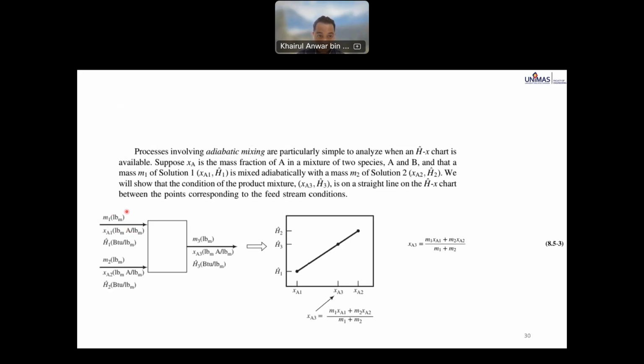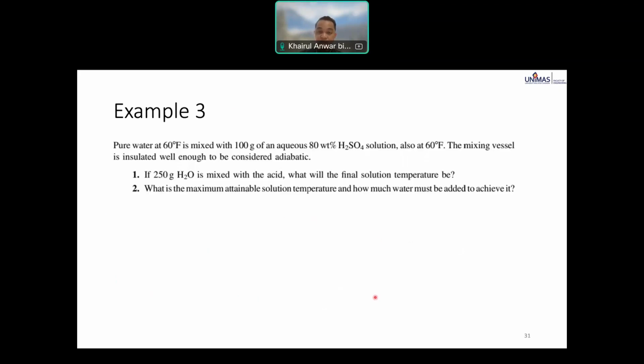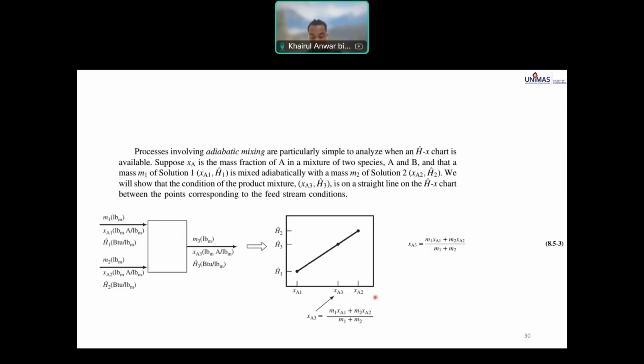See, this is xA1, xA2, xA3. So this is adiabatic mixing. Mixing M1 with M2, you get M3. So this is the graph, based on figure 8.5-1, the enthalpy chart.